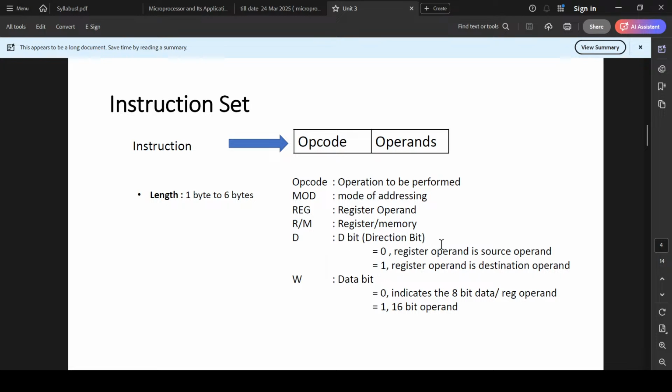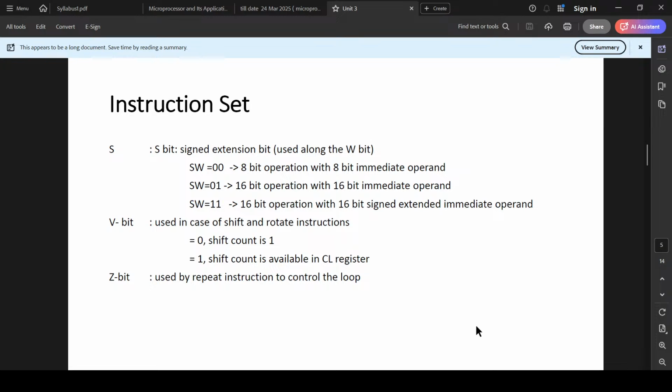D bit is the direction bit: 0 means the register operand is the source operand, 1 means the register operand is the destination operand. W is the data bit: 0 indicates 8 bit and 1 indicates 16 bit. S bit is sign: 00 is 8 bit, 01 is 16 bit with a 16 bit operand, and 11 means 16 bit operation with a 16 bit sign extended immediate operand.